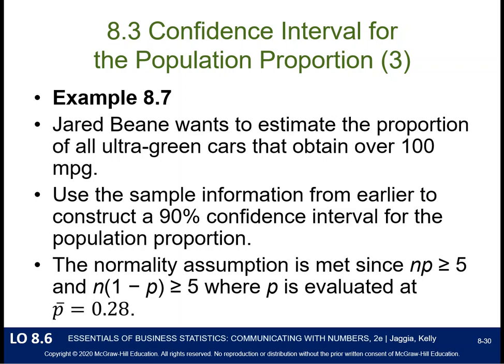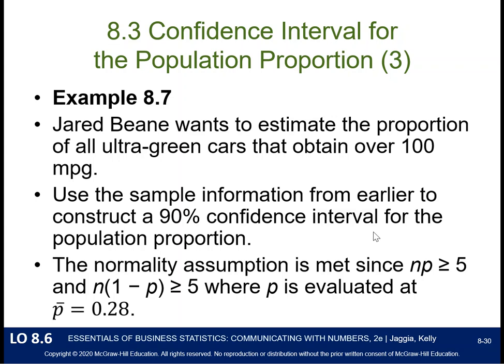Now, we're told here that the normality assumption is met, since n times p is greater than or equal to 5 and n times 1 minus p is greater than or equal to 5, where the population proportion is 0.28. But we're going to go ahead and test that out.